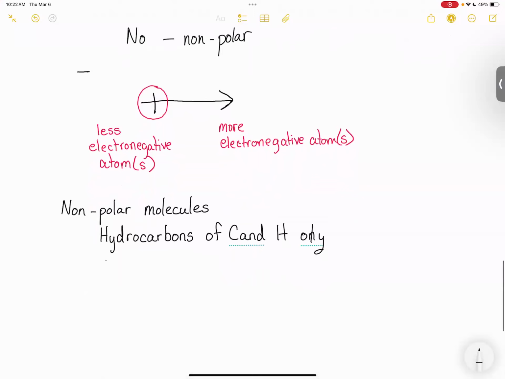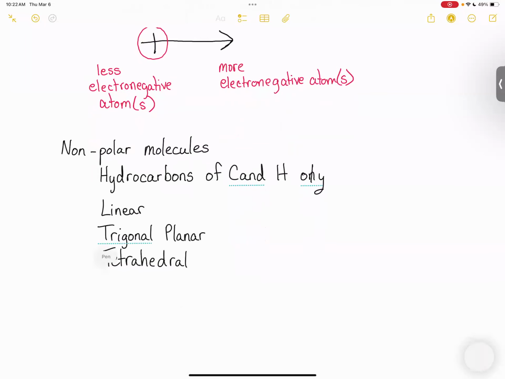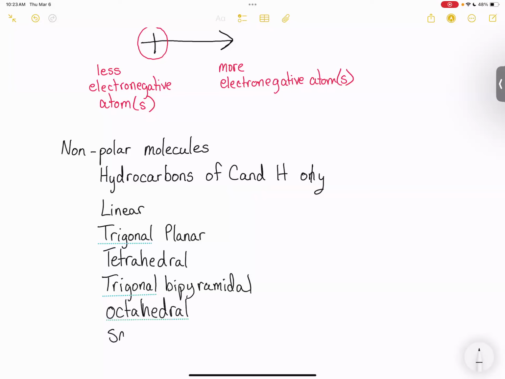It will also include linear, trigonal planar, tetrahedral, trigonal bipyramidal, octahedral, and square planar. With one caveat to it.